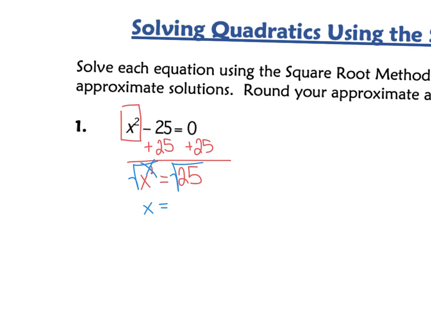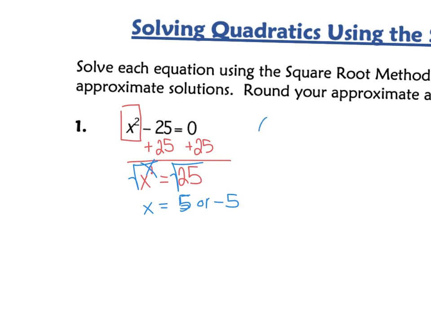Now what's going to happen is there's actually two values of x that are going to get you 25 if you were to square them. 5, but also negative 5. So x is going to equal, actually I'm going to write it this way, 5 or negative 5. Both of those, if I was to plug it back into the original equation, 5 squared minus 25, does that equal 0? Yes.